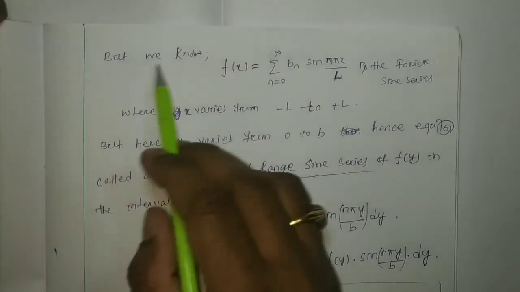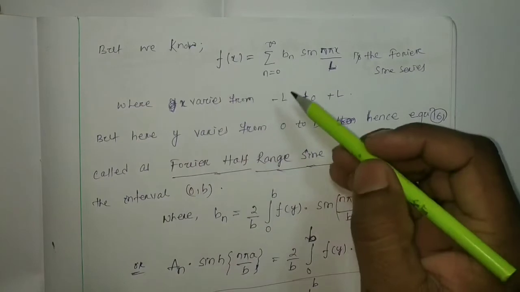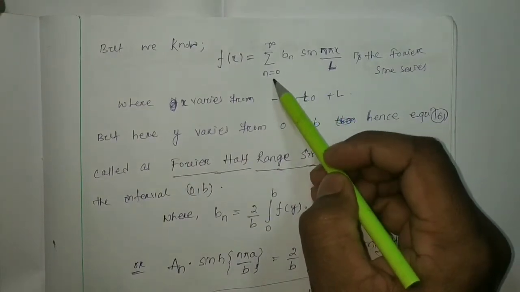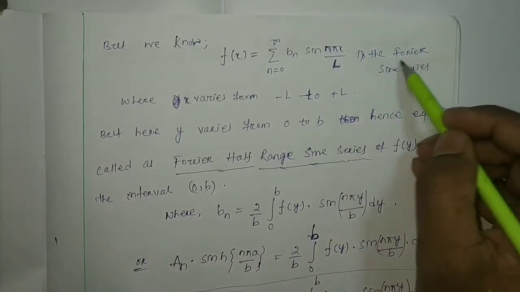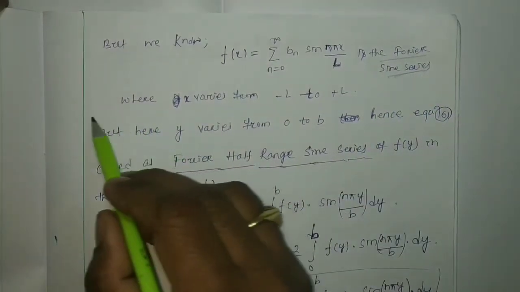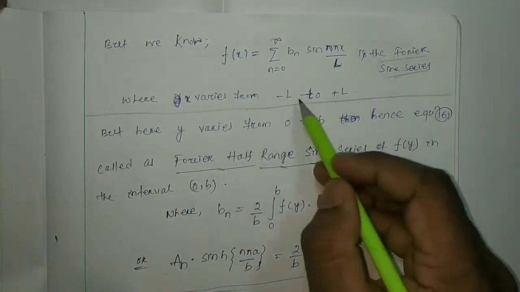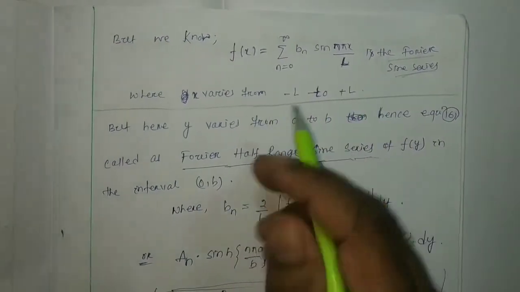But we know that f(x) = sum from n = 0 to infinity of bn sin(n pi x by l) is the Fourier sine series, where x varies from minus l to plus l. You got my point?